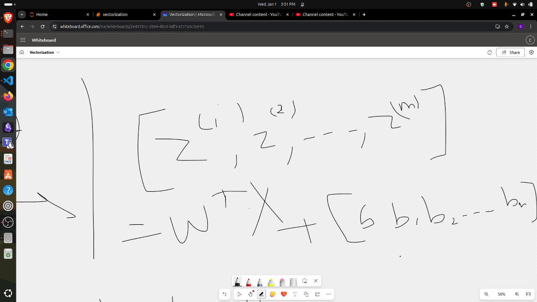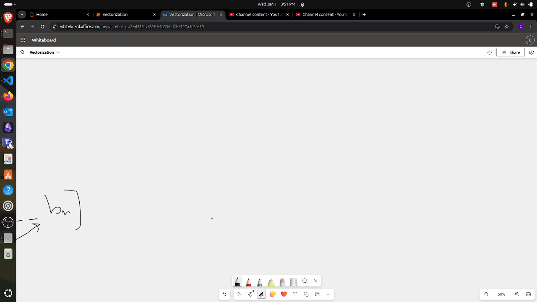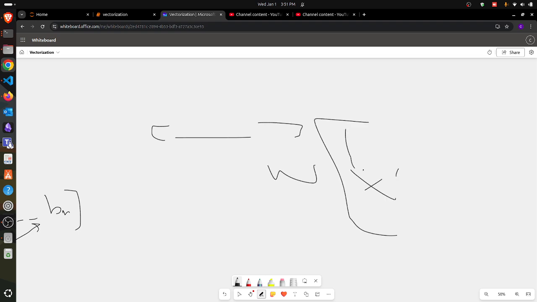So this will be a 1 by m row vector, because the values will be going up to m. So w will be a row vector, right? So x1, x2, up to xm.